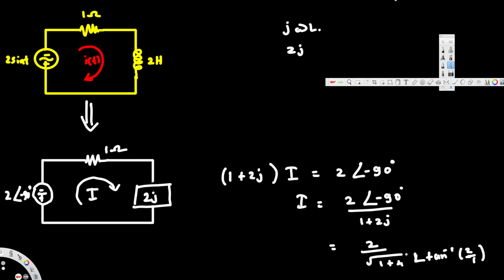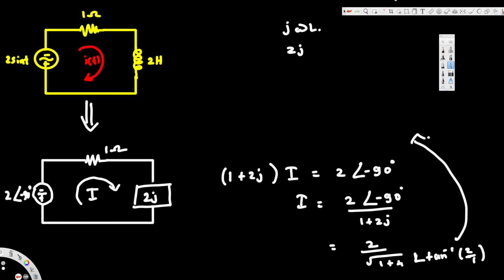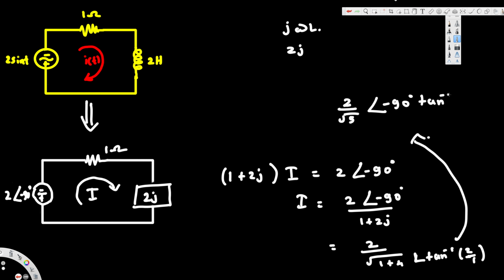So this is going to become like that. Then after that, this is going to turn into 2 over square root of 5, at negative 90 degrees minus tan inverse 2. So this is our final answer.